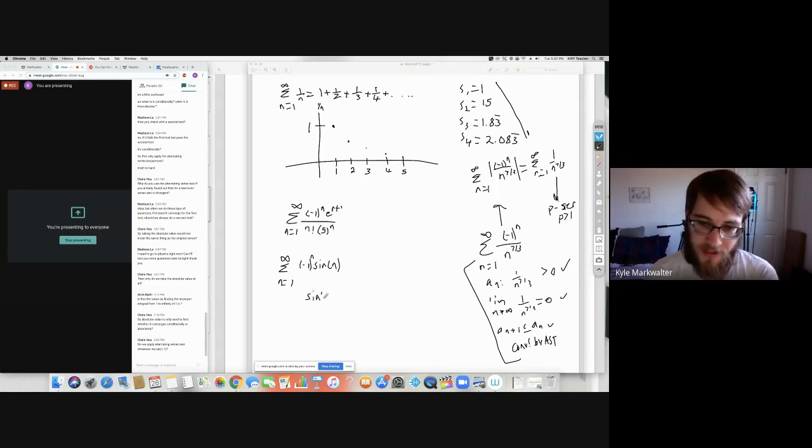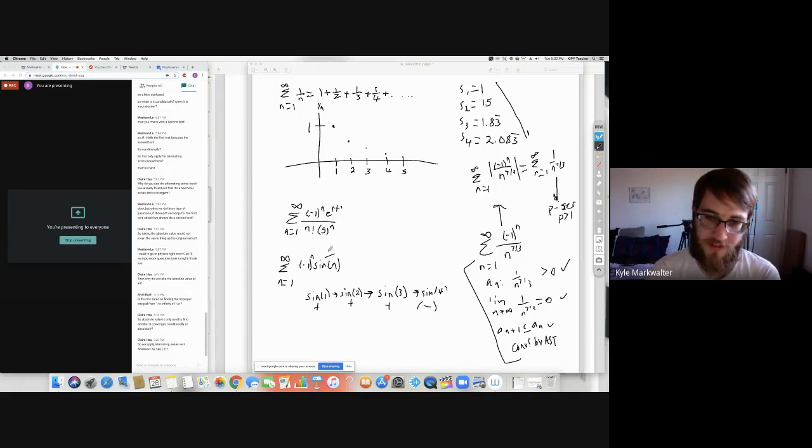As I plug in things, sine of 1 would be positive. Sine of 2 would be positive. Sine of 3 will be positive. Sine of 4, uh-oh, I end up with a negative sign.